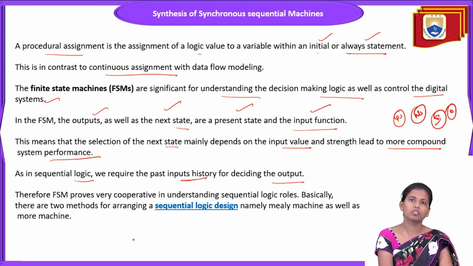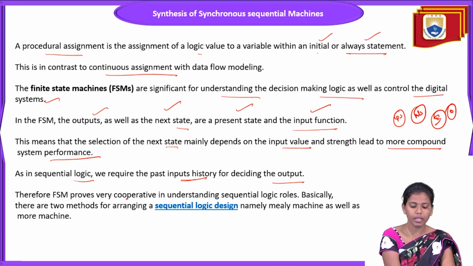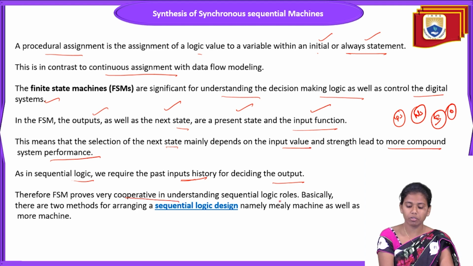Therefore, the FSM proves very helpful in understanding sequential logic rules. The FSM helps us to know the next state with the help of the present state and the past or history outputs or inputs.